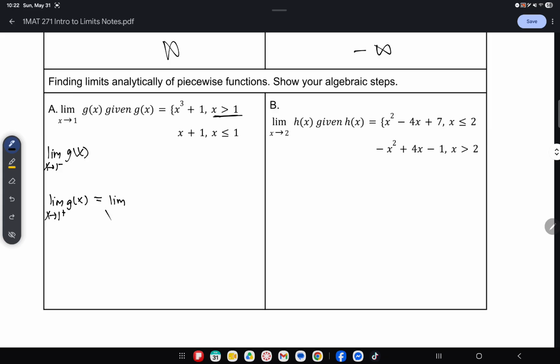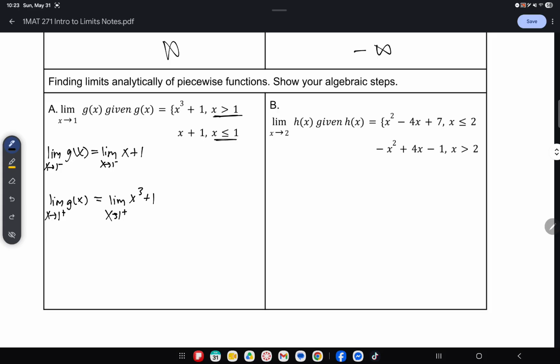So I want the limit as x approaches 1 from the right of x cubed plus 1, which means from the left it'll be the other one. Limit as x approaches 1 from the left for x plus 1. Okay, so these are polynomial functions, and they are continuous.